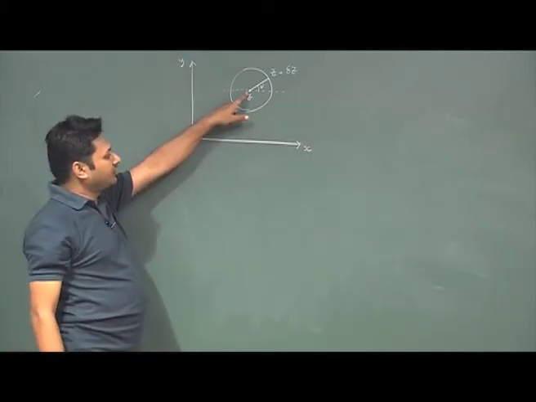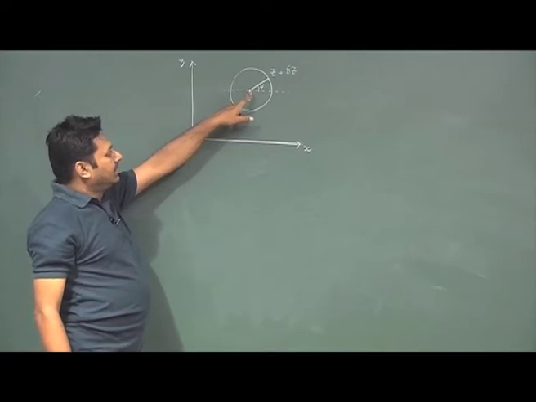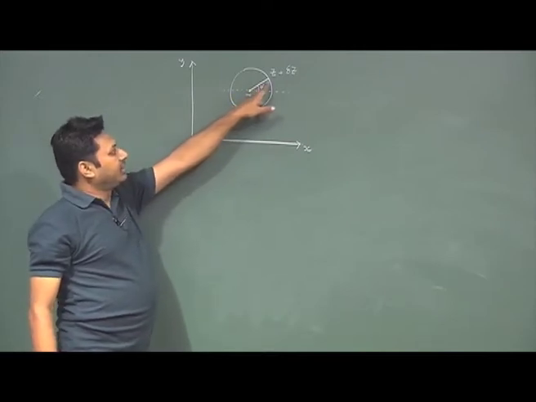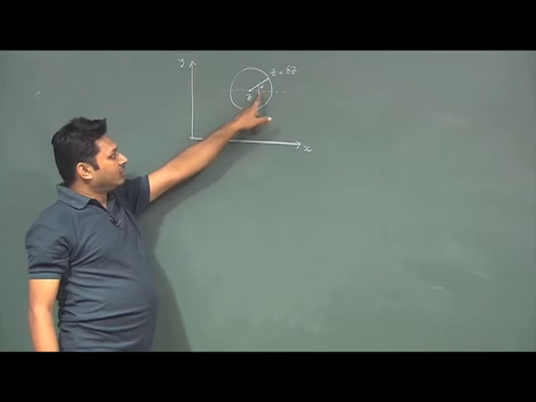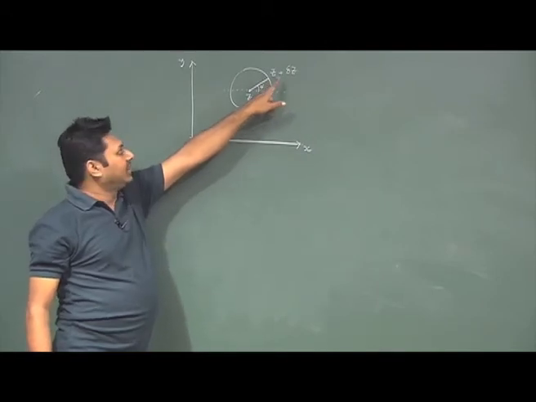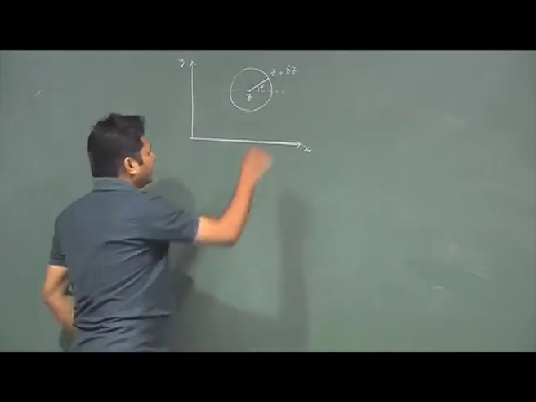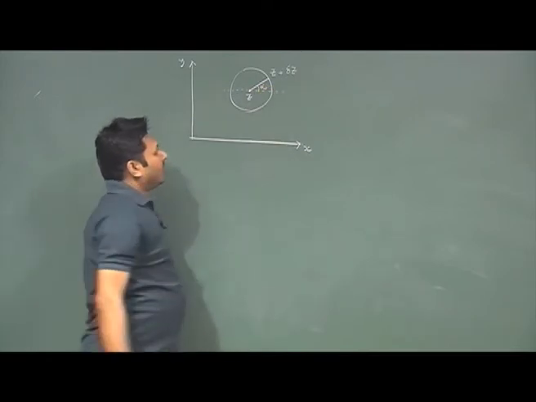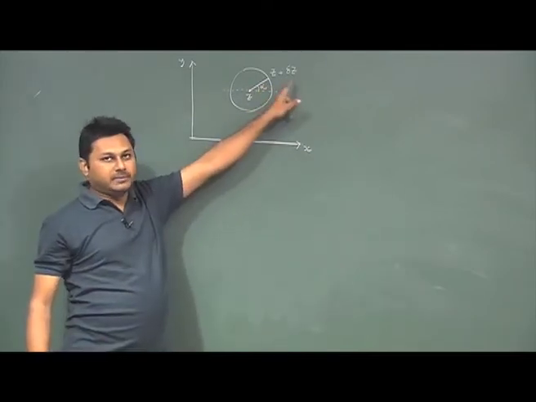If I want to approach this point, I change to some direction making an angle alpha, and this is my delta z, the small increment of this point.